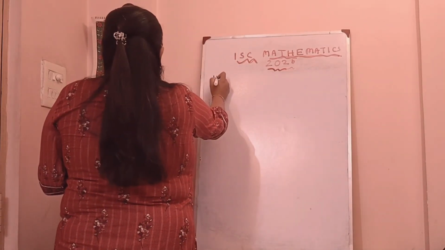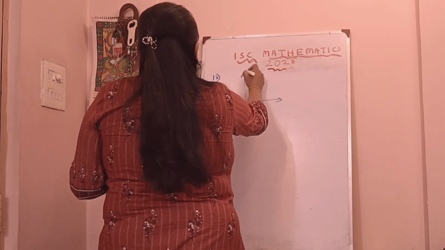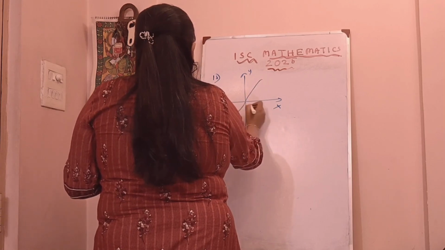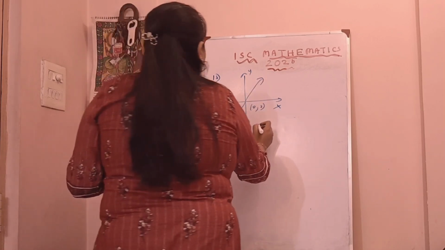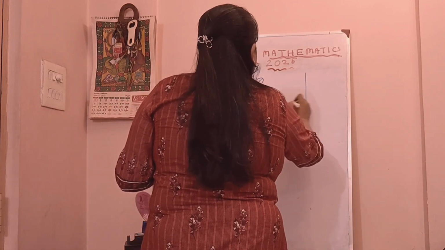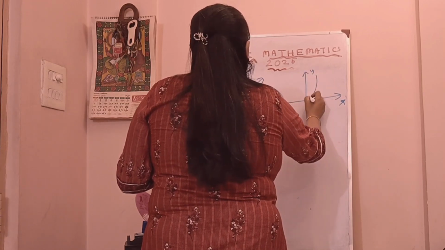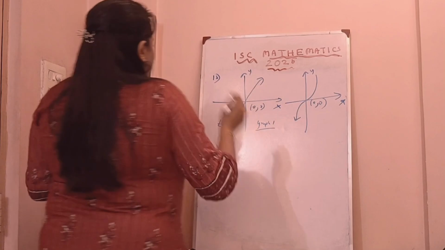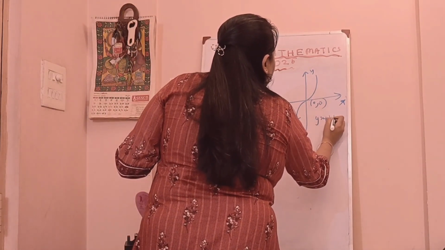Question number 13, two graphs given, with x and y axes and origin at 0, 0. This is graph 1 and this is graph 2.